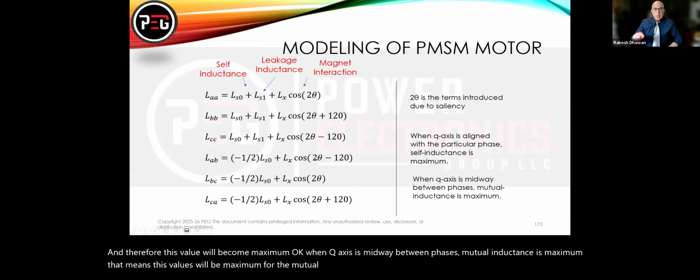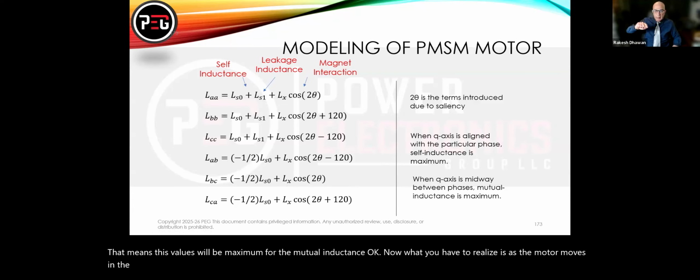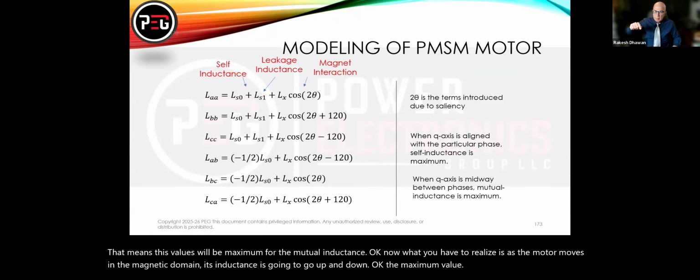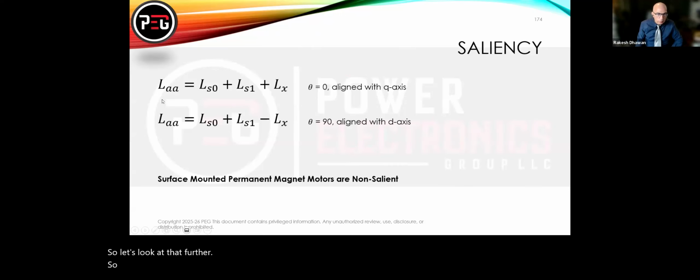Now what you have to realize is that as the motor moves in the magnetic domain, its inductance is going to go up and down. The maximum value is LQ and the minimum value is LD. So let's look at that further. This is your inductance for phase A: it is plus Lx when you're aligned with the Q axis, and minus Lx when you are at 90 degrees.